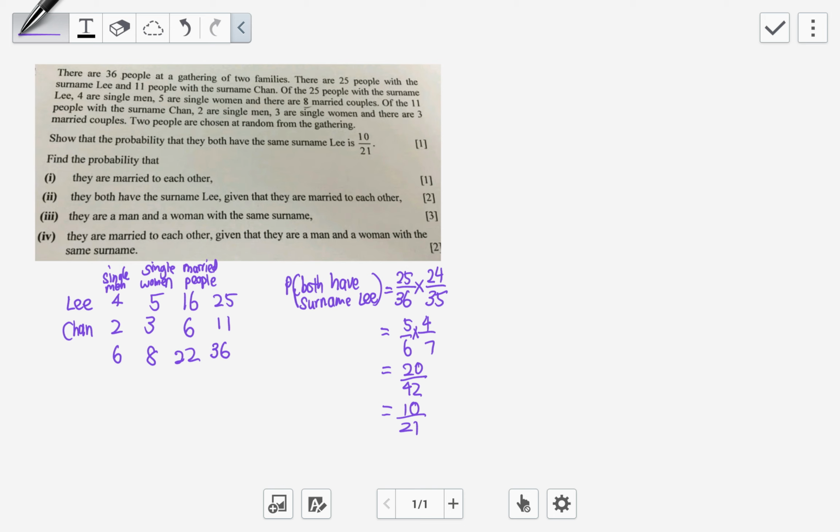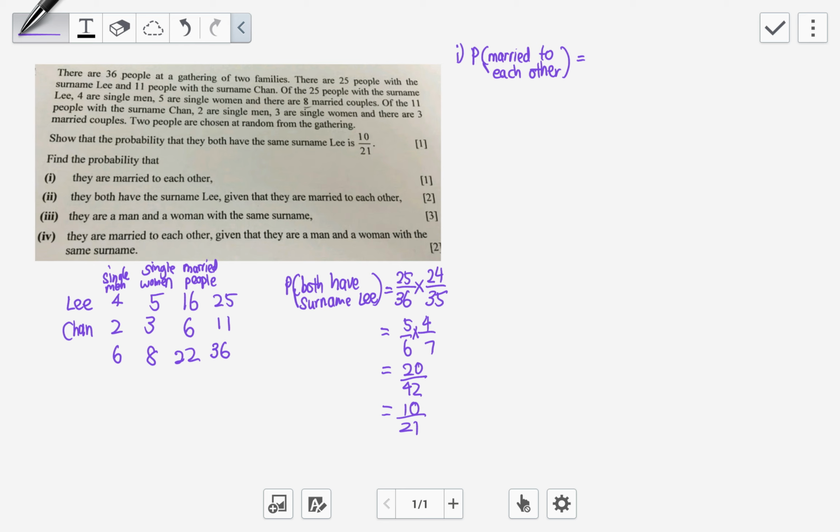Okay, so another part. So this is then part 1 of the question: the probability that both are married to each other. That means we must choose among the couples.